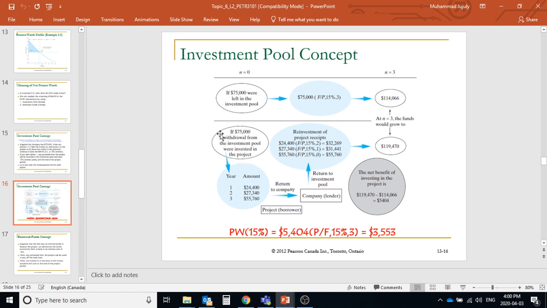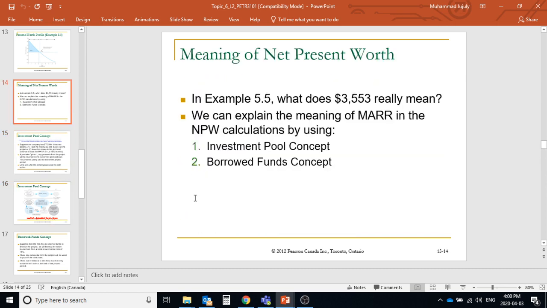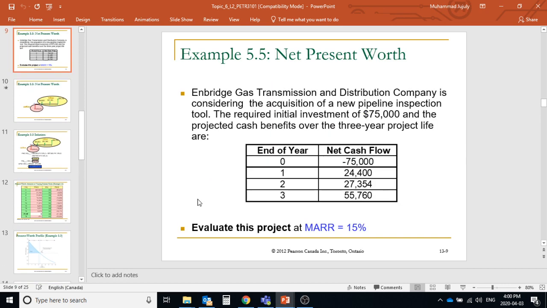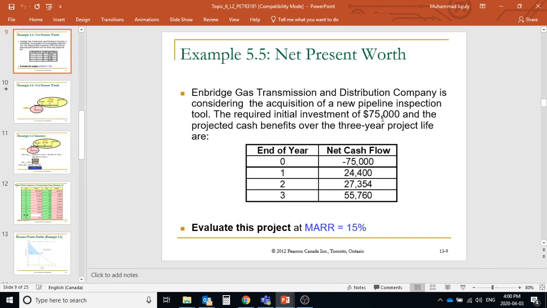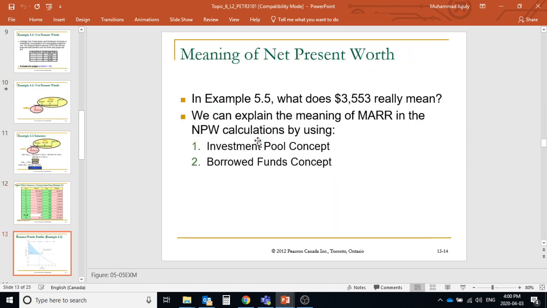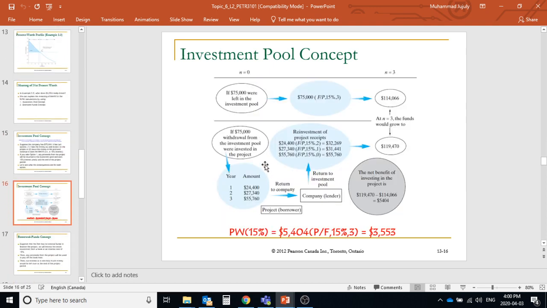But this $75,000, if we invest to buy this equipment, okay, what is that equipment here? This pipeline inspection tool, okay, and then this one actually earns or saves expenses, okay, and the savings directly go to the investment pool.